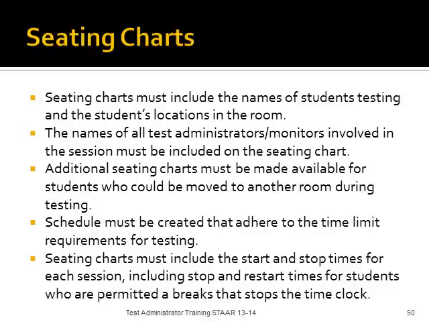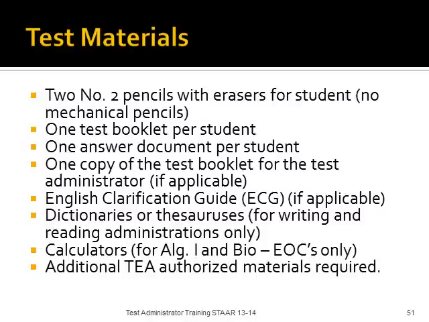And the time limit needs to be adhered to. Seating charts need to include the start and stop time for each session. And if a student walks in late and they get a different start time, that needs to also be accounted for. If there are breaks that require the time to stop, those also need to be accounted for on the seating chart.